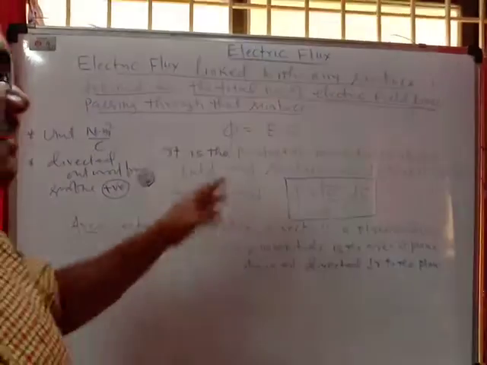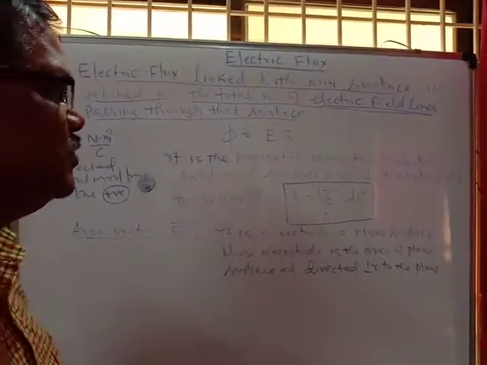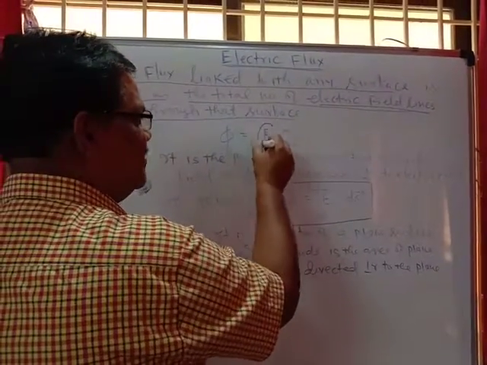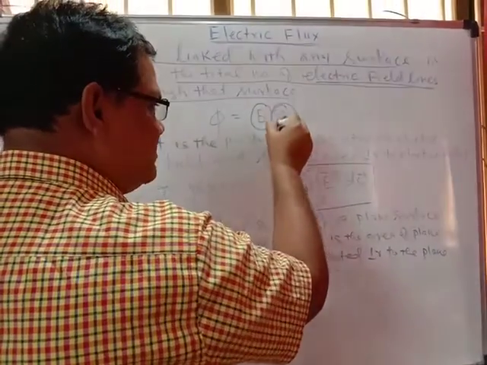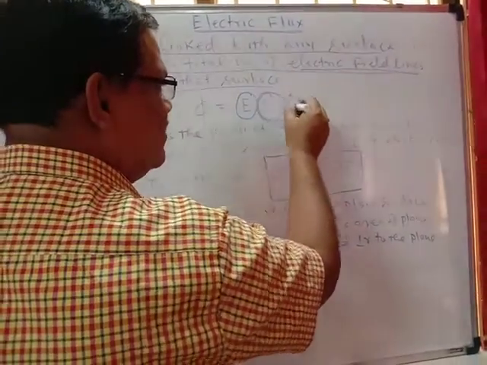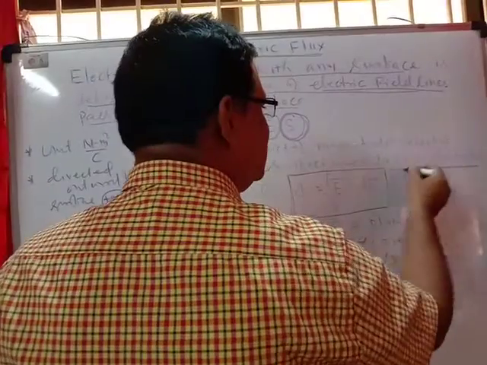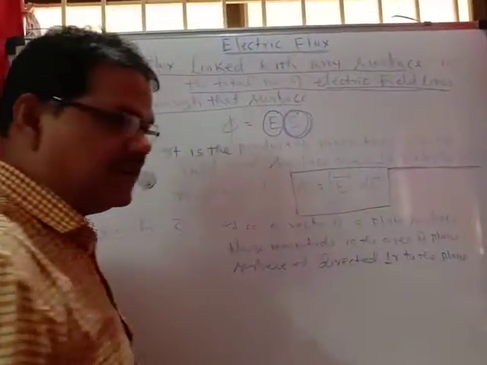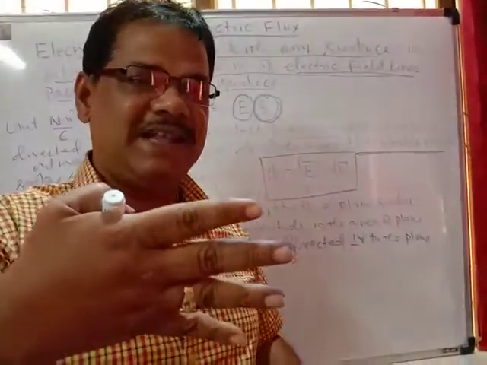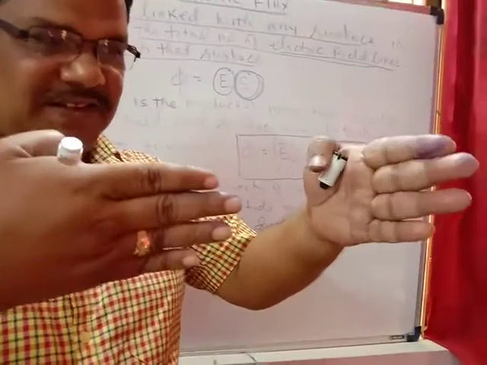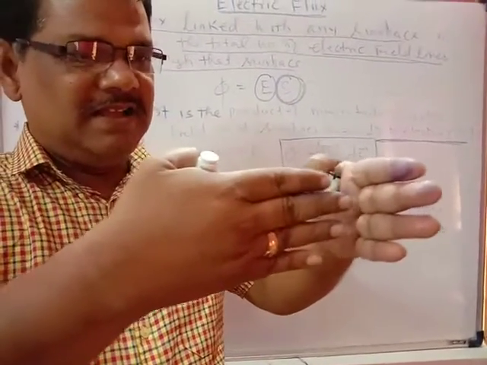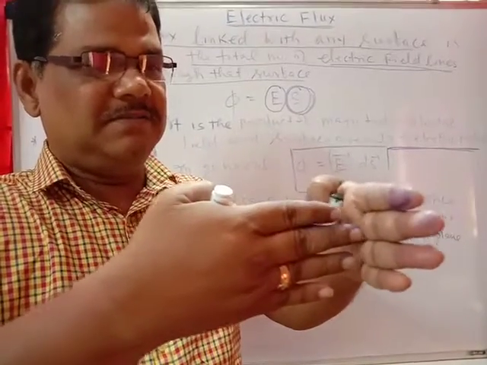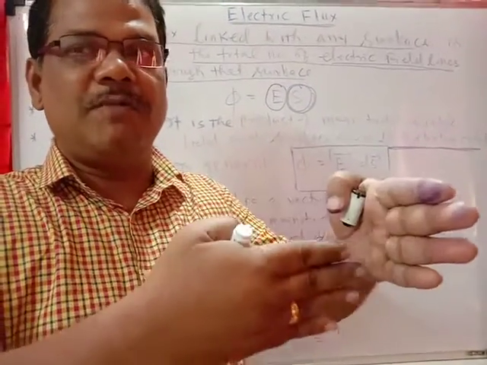So it is the product of the magnitude of the electric field and the surface area, and this surface area must be perpendicular to the electric field. If my fingers are the electric field lines and this is the surface, then the field lines will be striking the surface normally.